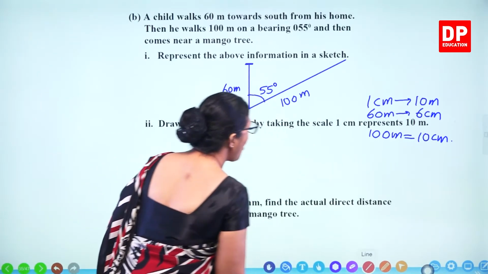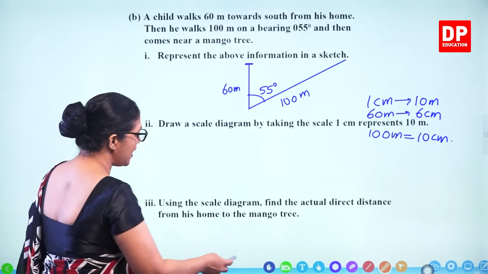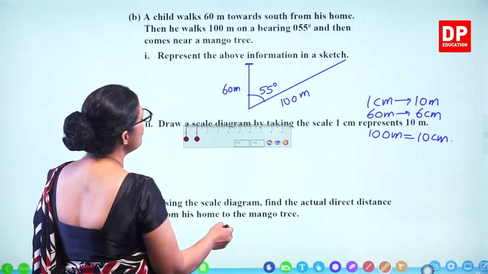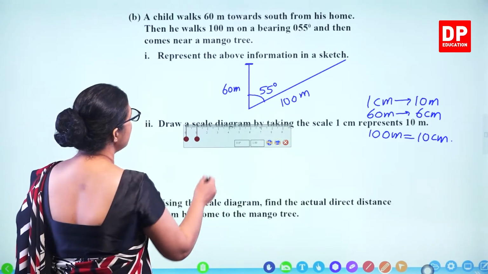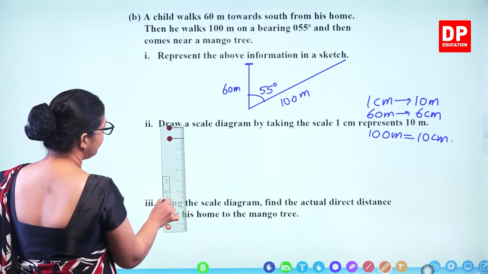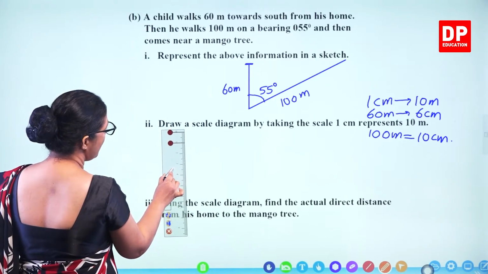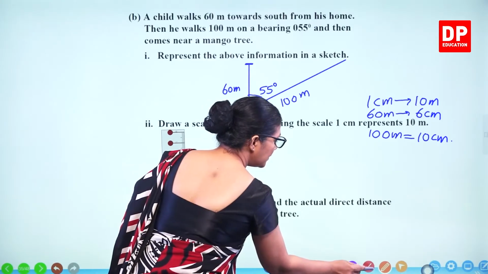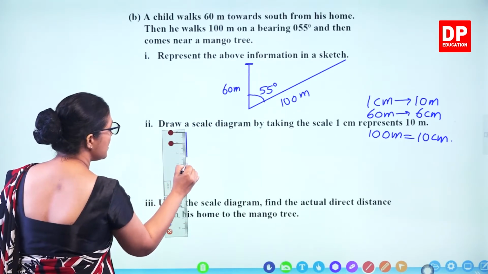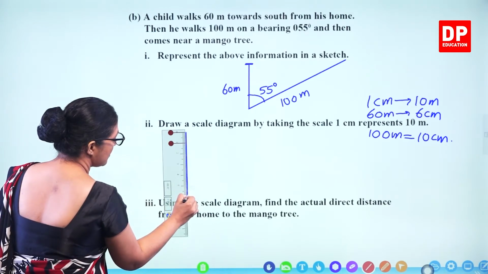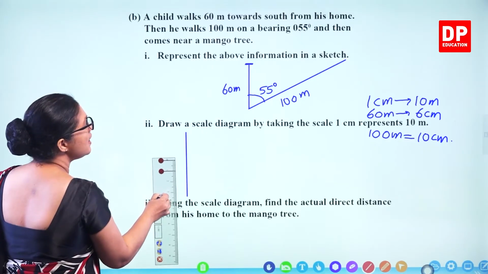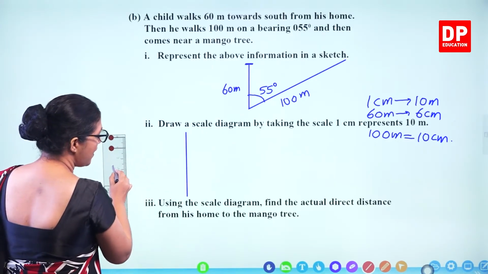Now, we will take the ruler to draw it. You can first take the vertical line. Starting from here, we need 6 centimeters. So, this line. Then, we need a 55 degree angle to this.